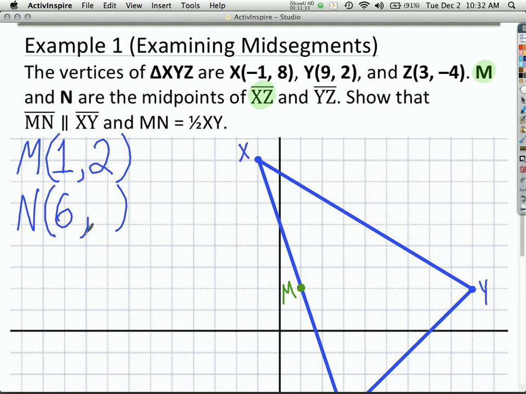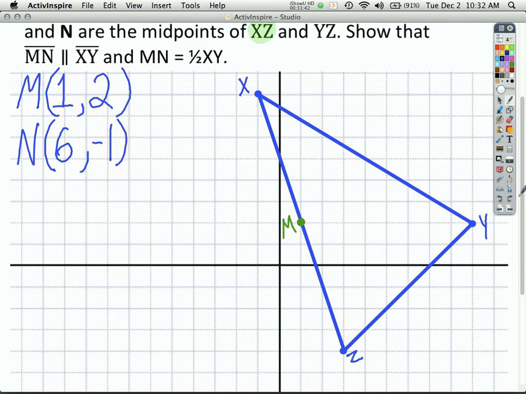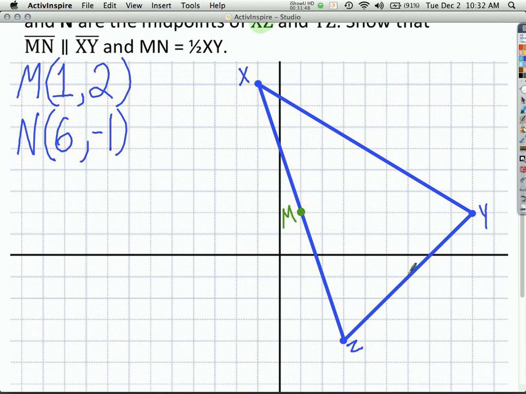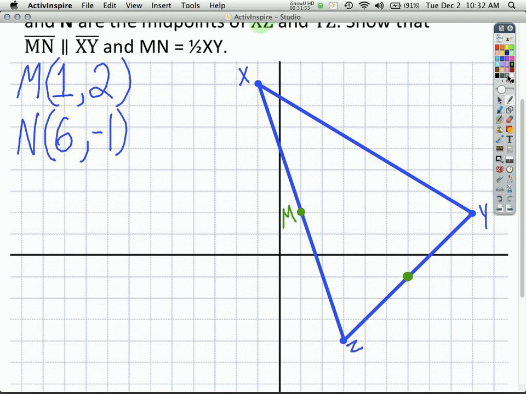And take the y's, 2 and -4, we get -2 divided by 2, we get -1. So N is going to be at 6, -1. 1, 2, 3, 4, 5, 6, -1. That is N, the midpoint.